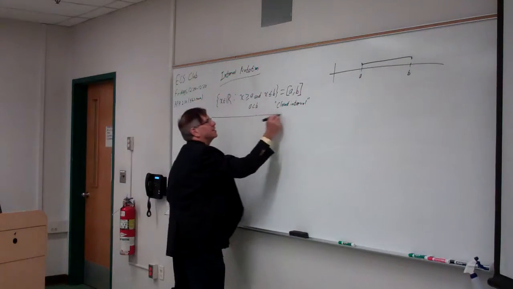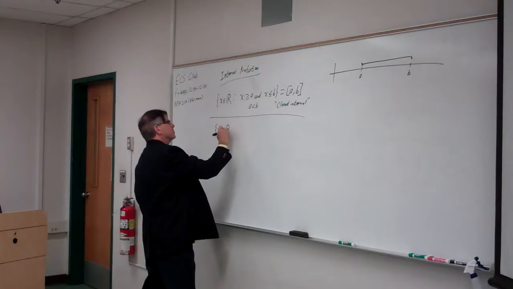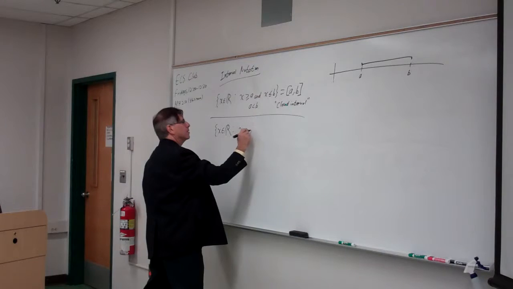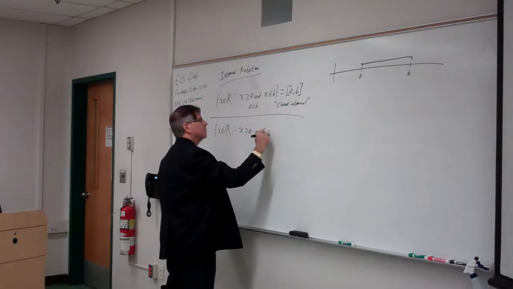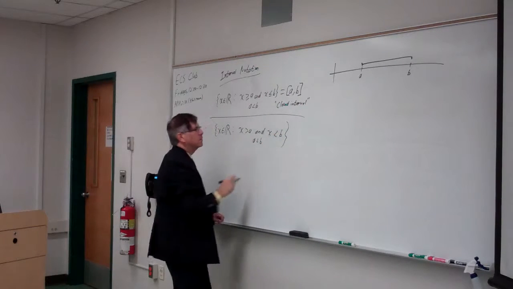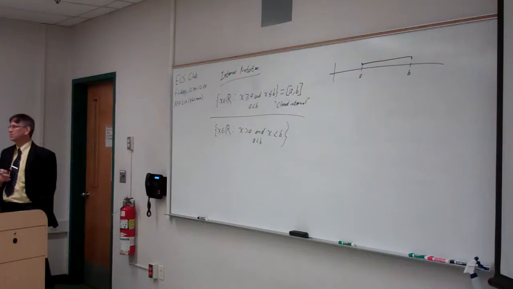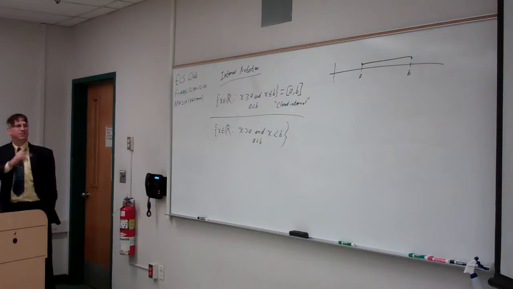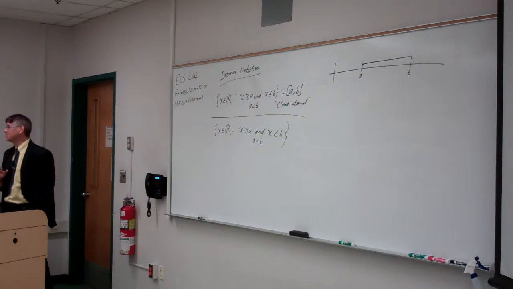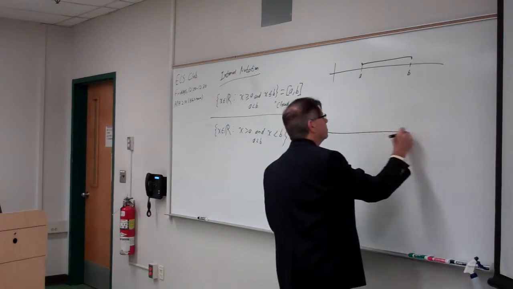Now we could also have a set of numbers coming from the reals which are strictly greater than A and strictly less than B. How does that differ from our closed interval? A and B are not included. A and B are not included, but everything else is the same.